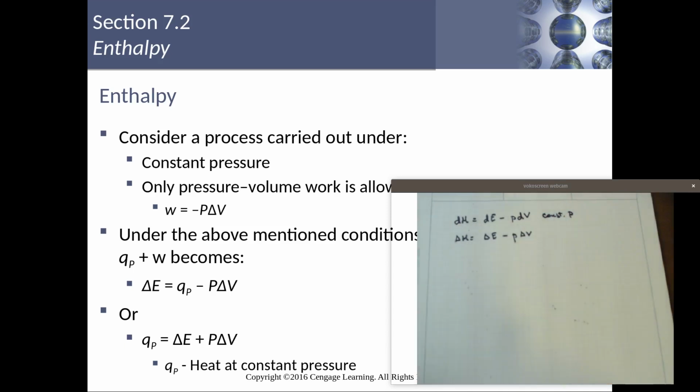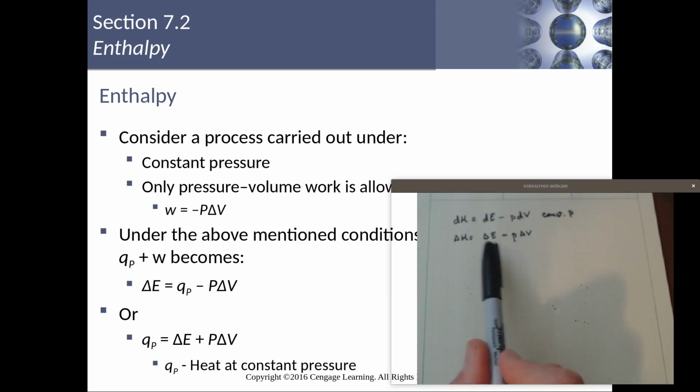delta V. Now, if you look at this and you think about it, this is like the point slope formula. What we're really doing is we're mapping the energy onto a different function, but we're not losing any information in doing so. And of course this is all at constant pressure.